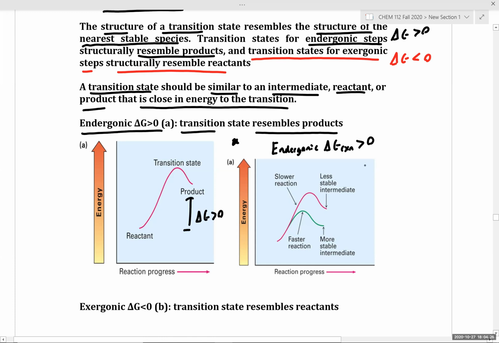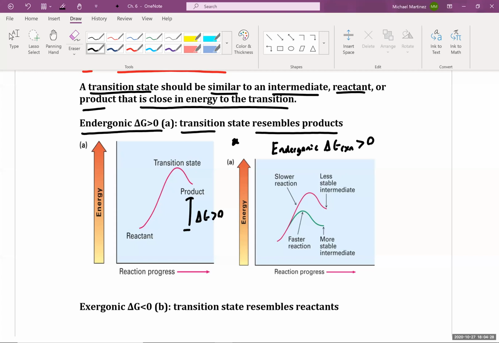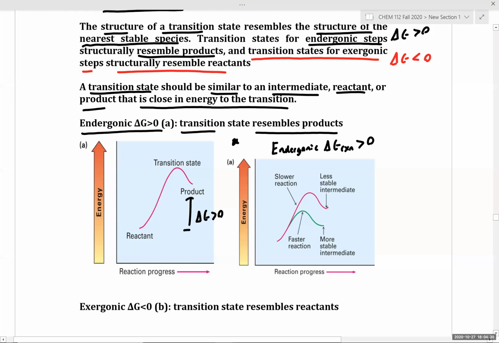Okay, so as a result then, we're going to compare our two products. So this is going to be product 1. And as we see, product 1 is higher in energy, right?